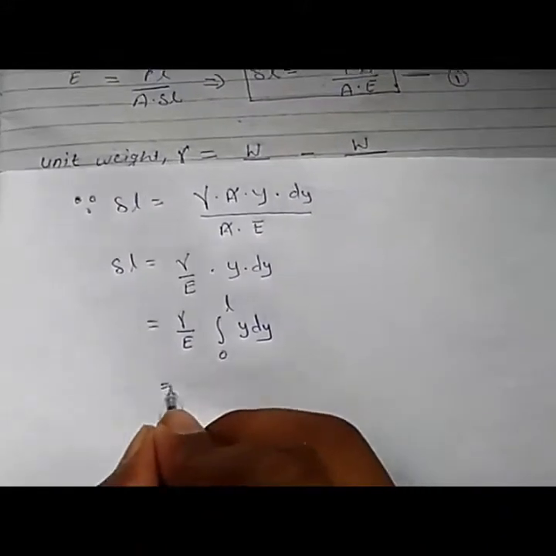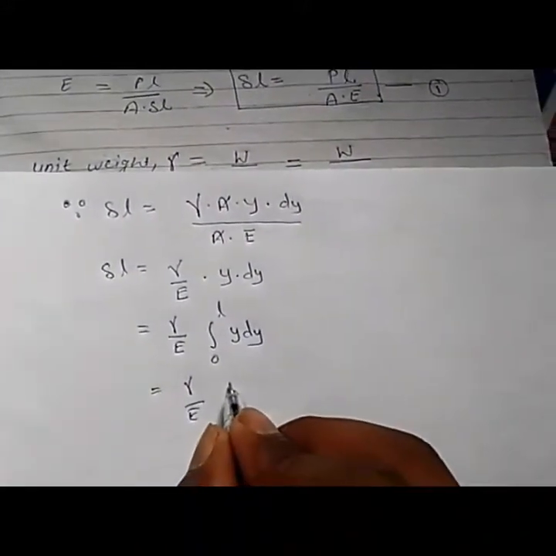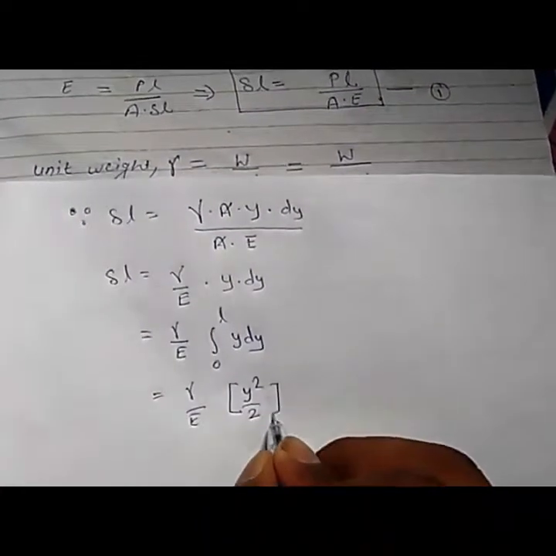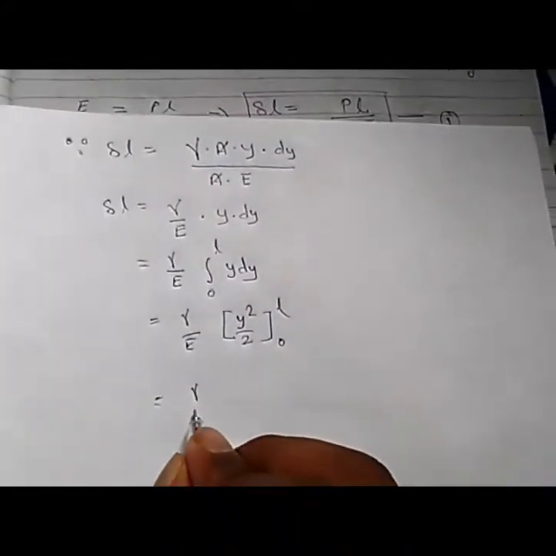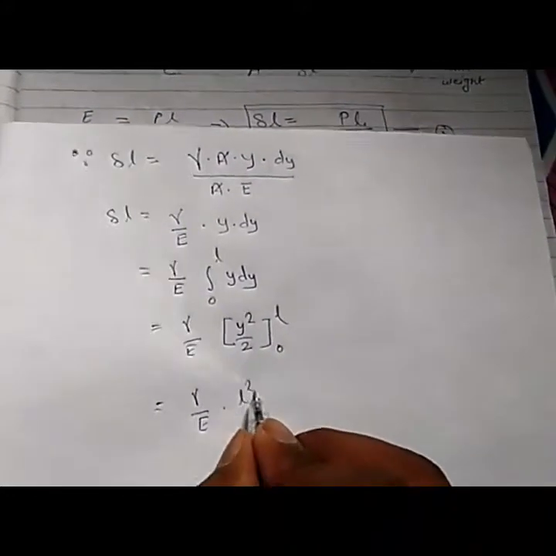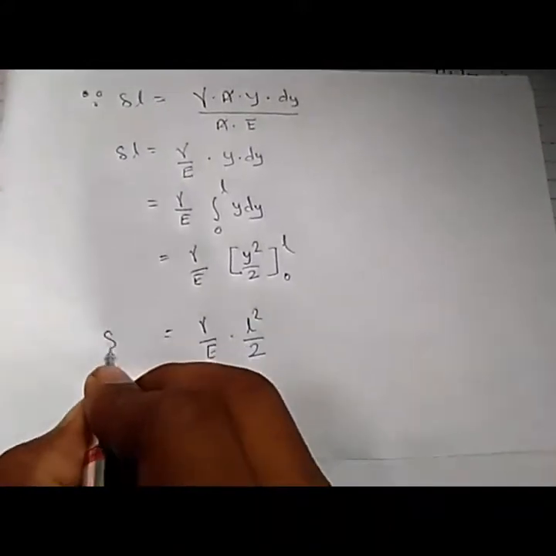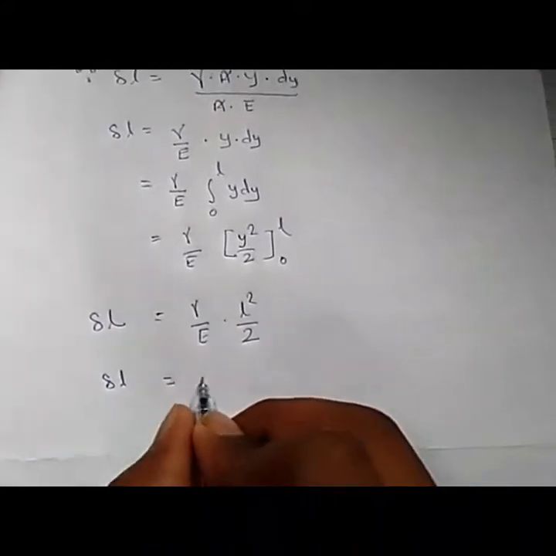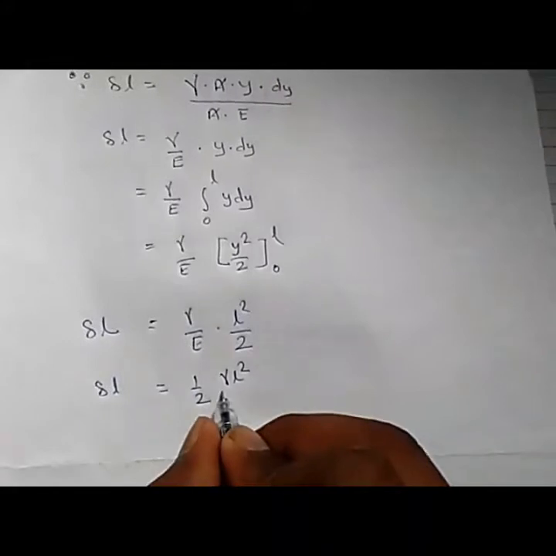This gives gamma upon E into y square by 2, from 0 to L. On putting the limits, we get gamma by E into L square by 2. So we can also write it as delta L is equal to 1 by 2 gamma L square by E.